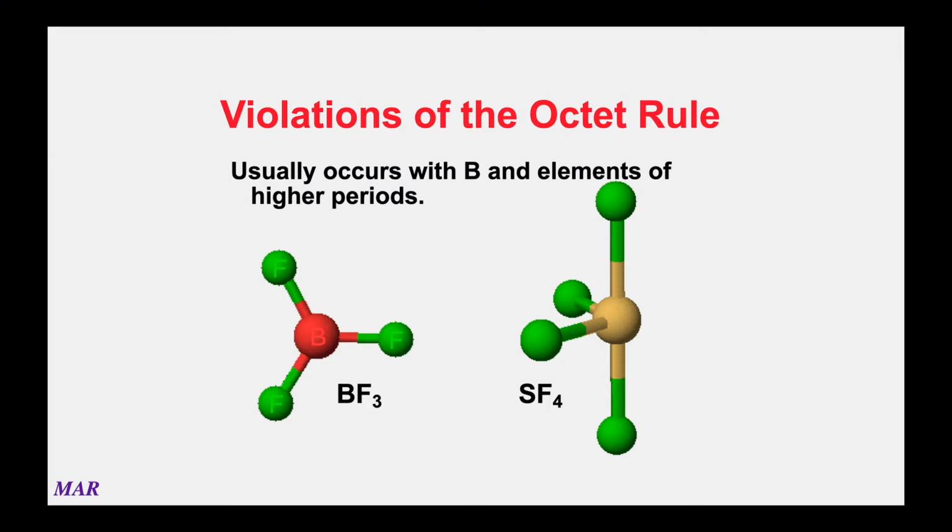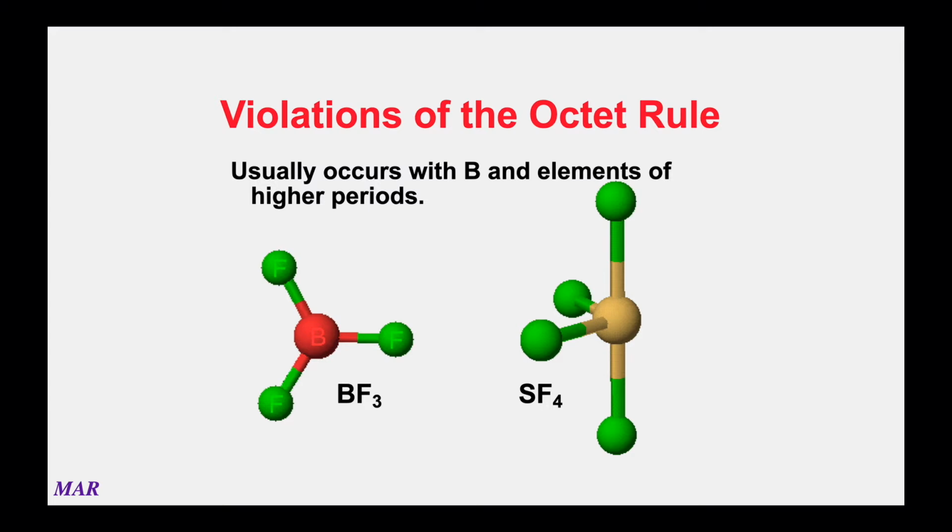So if you're going to have a violation of the octet rule, it's usually with elements right around boron. So that would be like boron, beryllium, aluminum under it. Those are the ones that sometimes go under. And ones that go over, we're going to see, are period 3 and lower.